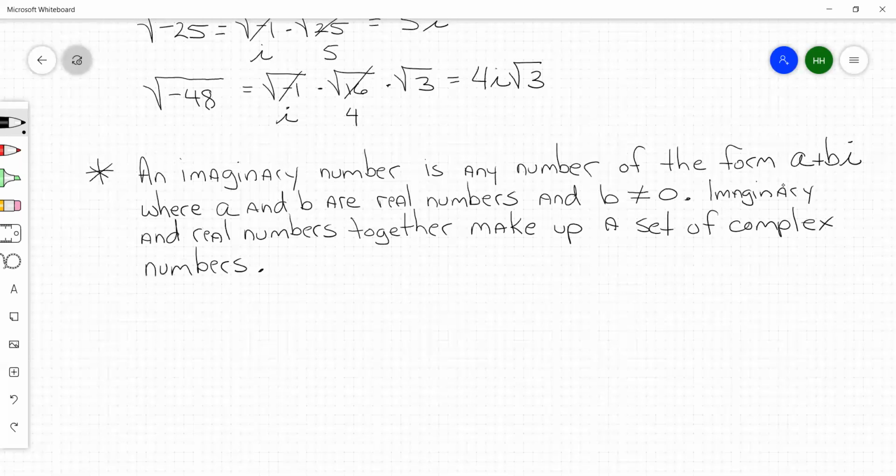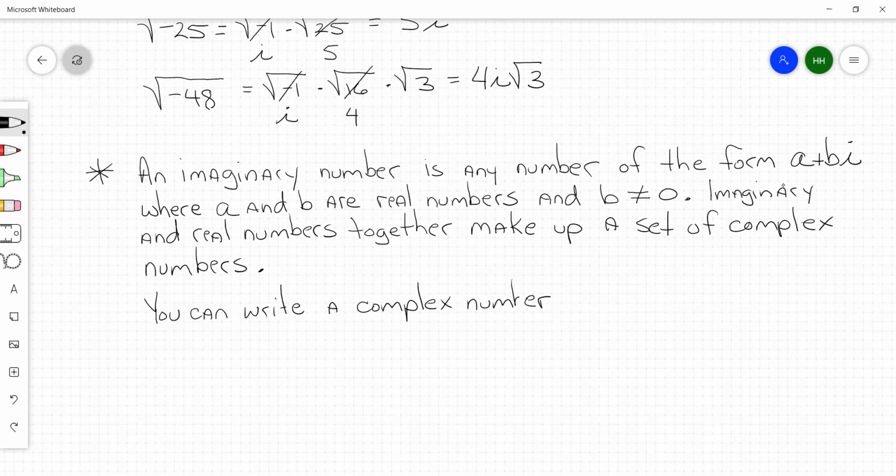You can write a complex number in the form a plus bi.